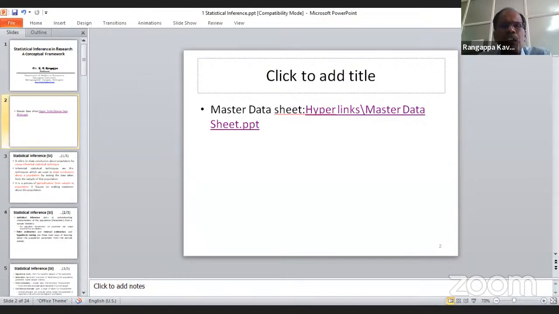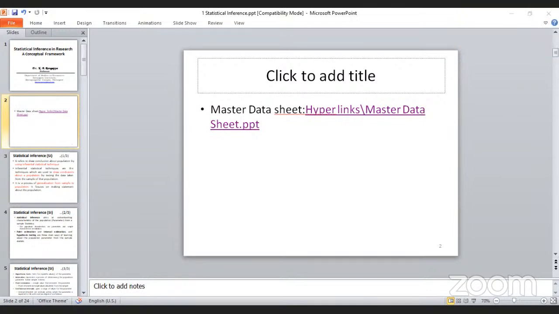Again, when we speak of inferential statistical techniques, it includes tests, and you are using probability distributions and probability principles. Suchitra madam is going to speak on theoretical distributions or probability distributions, which is very important, and in fact, it will be a base.